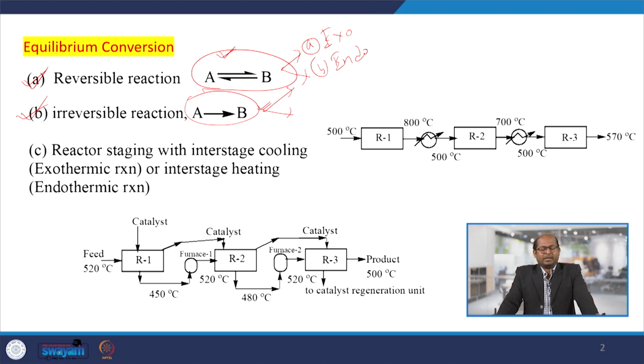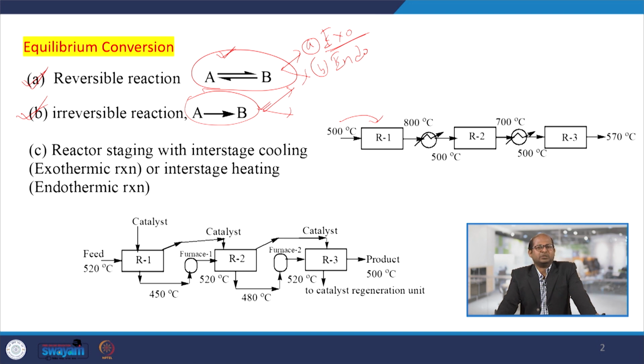Once the reaction, let us say an exothermic reaction, is conducted inside a reactor, let us say a plug flow reactor, and we enter the reacting mixture at 500 degree centigrade, then since the reaction is exothermic, the reacting mixture temperature will gradually increase.